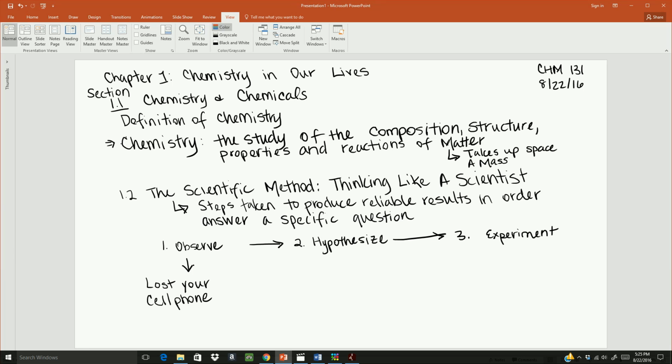So then you retrace your steps and you think that you left it in the pocket of your pants. So your hypothesis is that your phone is in your jeans pocket.